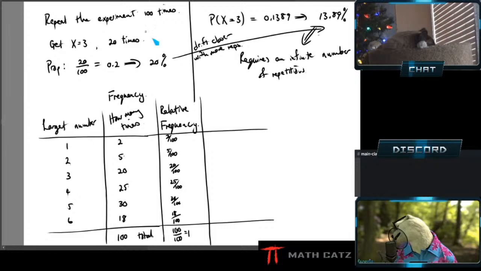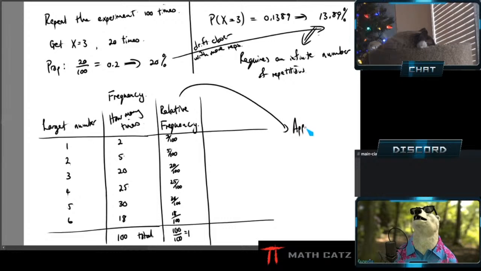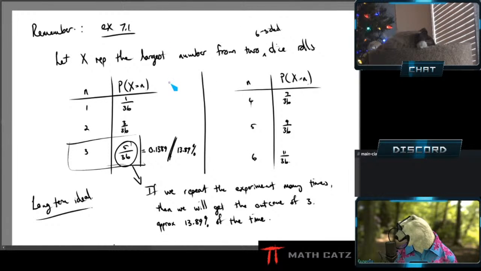These relative frequencies are my approximations of the theoretical probabilities.